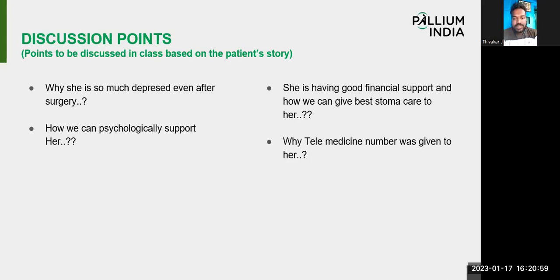And the second question: she is having good financial support, so how can we give the best stoma care to that patient? I think there are a few comments in the chat also.